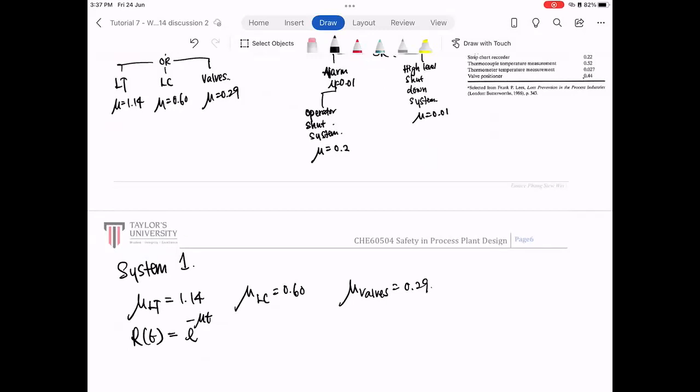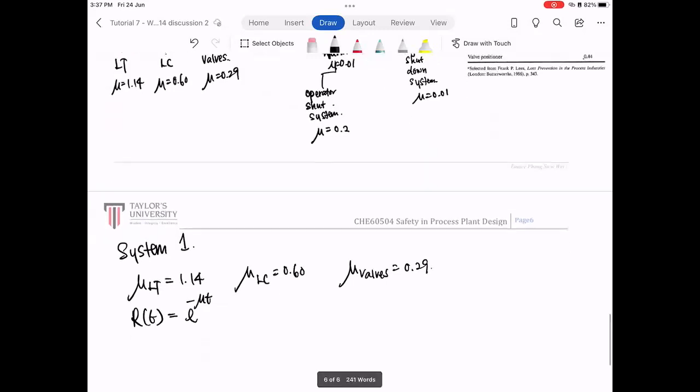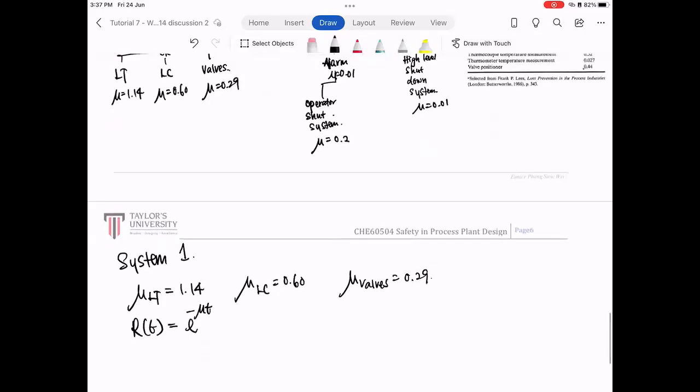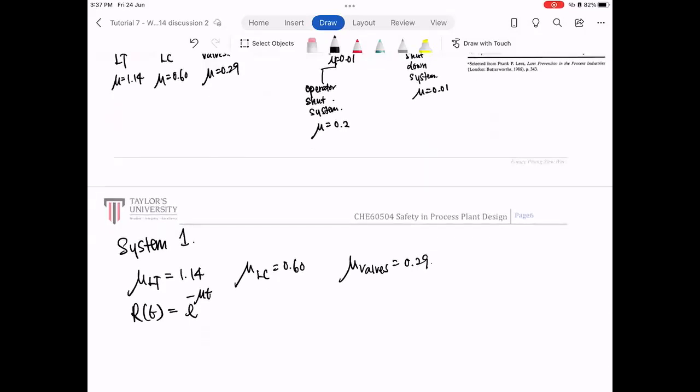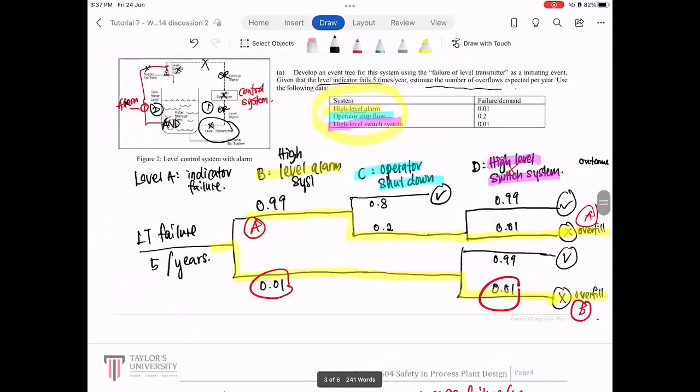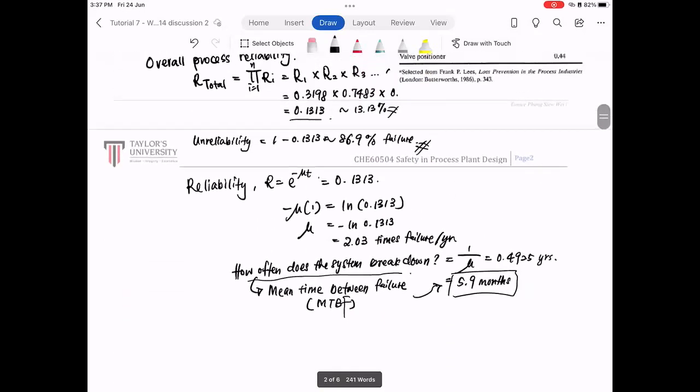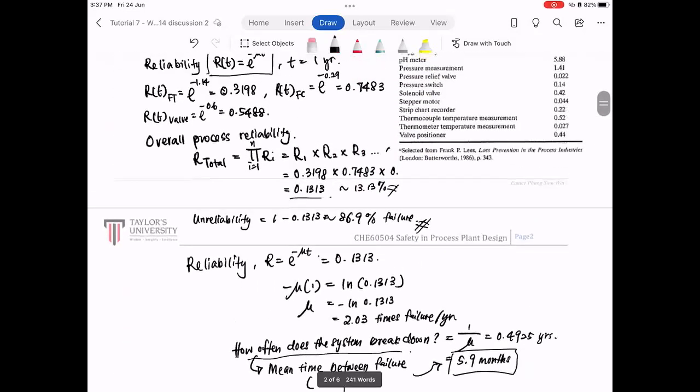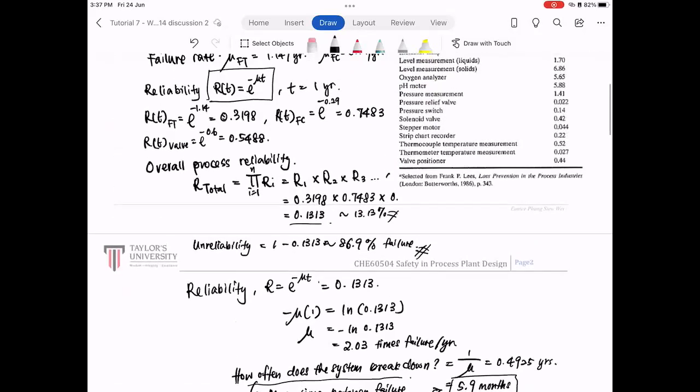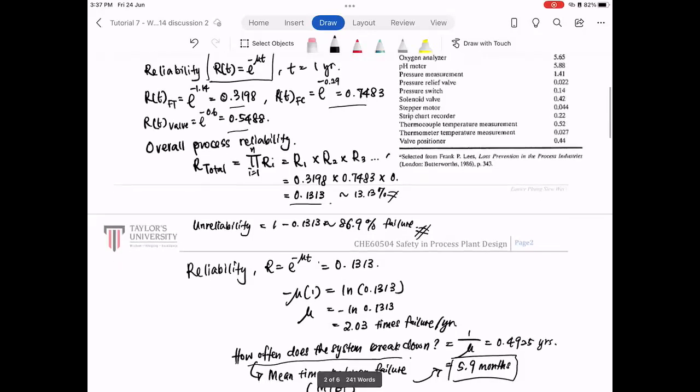Since this value is the same, and it's all OR gate, the answer will be exactly the same as the first question where you did these questions. So we have our total reliability here, because we already did that just now: 0.3198, 0.7483, 0.5488.